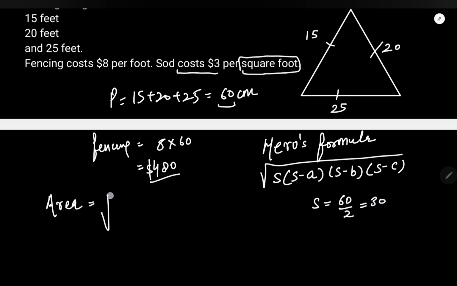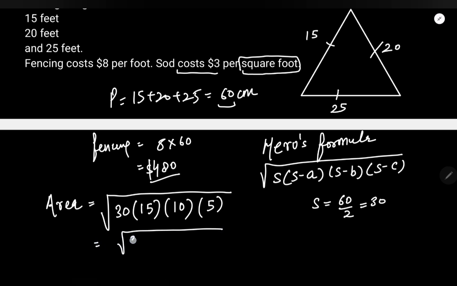Now I will put the values. S is 30. 30 minus 15 is 15. Then 30 minus 20 is 10. Then 30 minus 25 is 5. Are you getting my point? Now we have 3 times 10, and the other 10 I can separate.